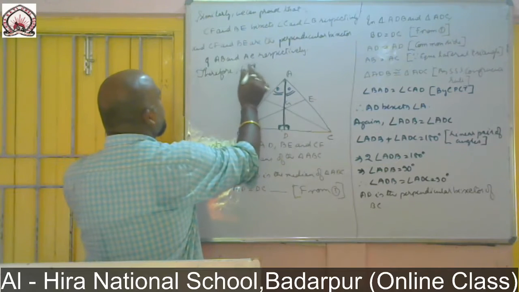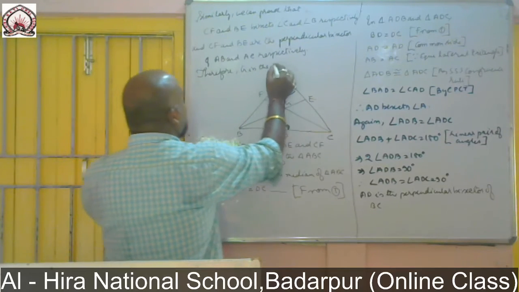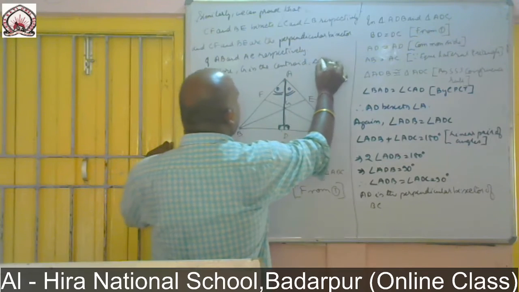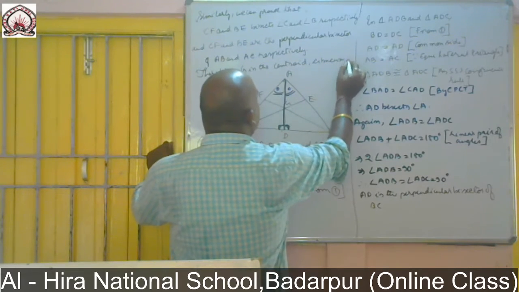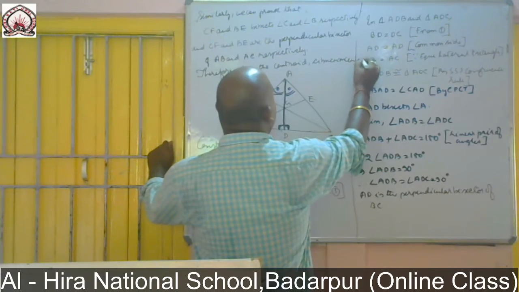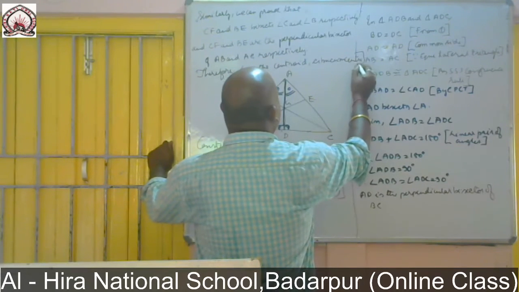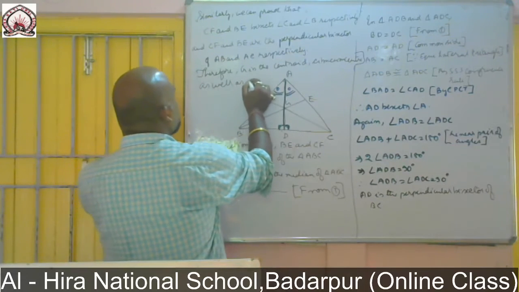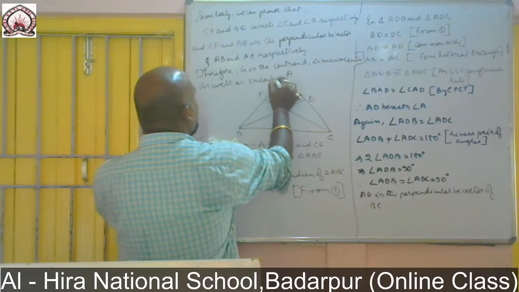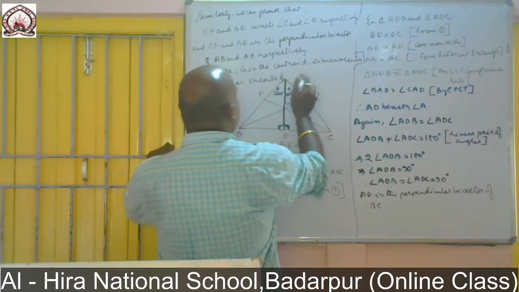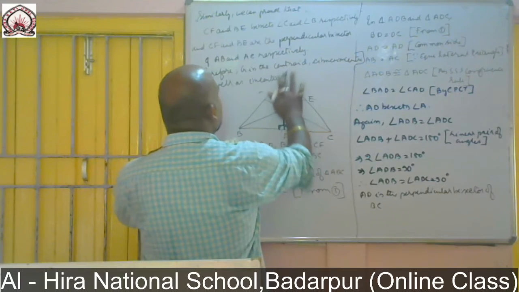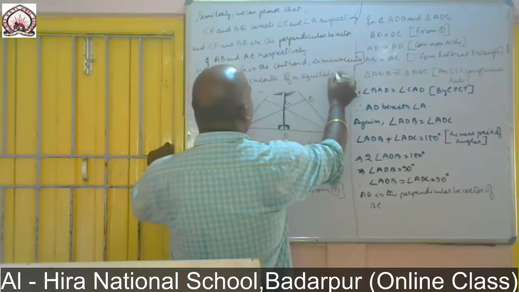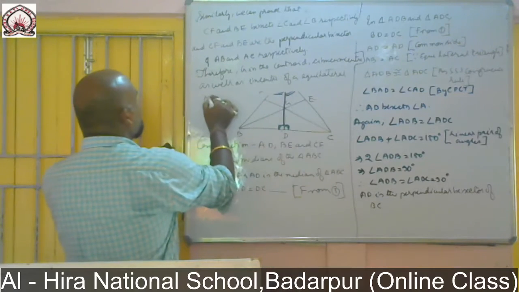Therefore, G is the centroid, circumcenter as well as incenter of an equilateral triangle.